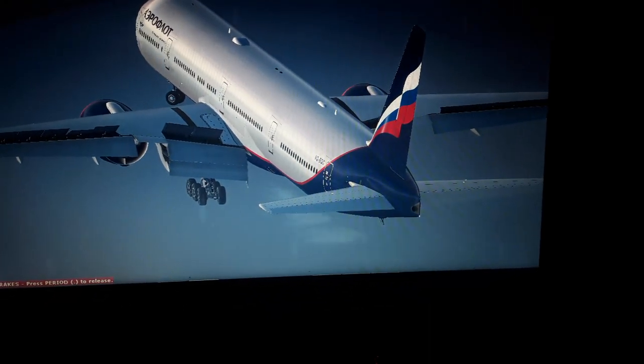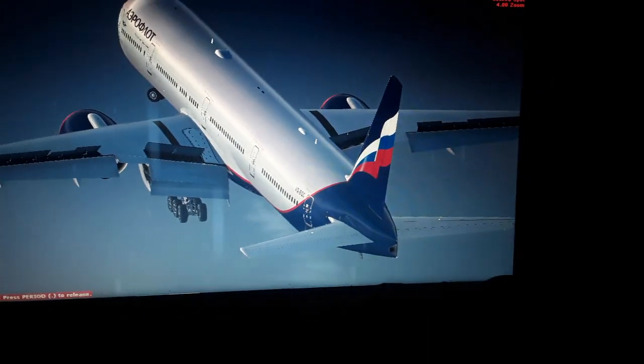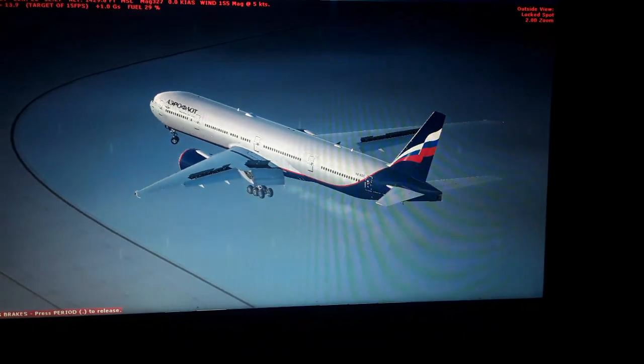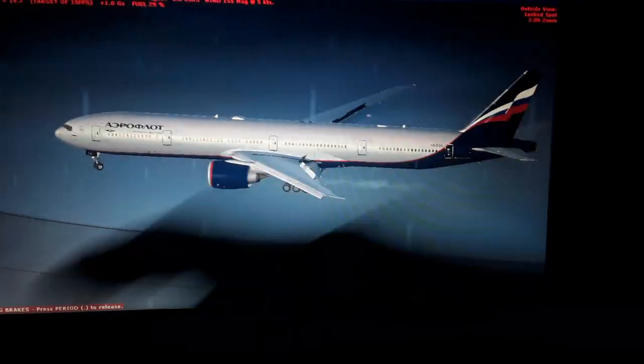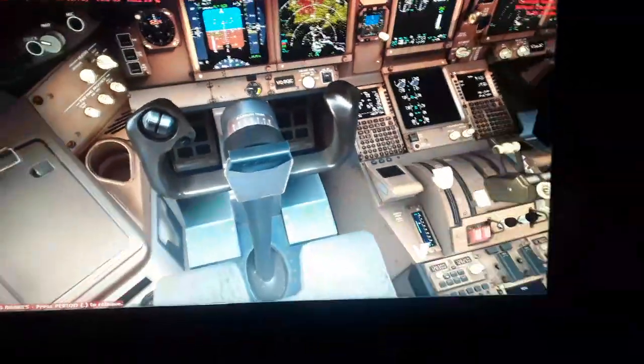This is the elevator moving up and down, but you will adjust the horizontal tail trim stabilizer. You have trim for other surfaces also, but we use mainly the horizontal tail trim for flying levels. So I will continue with the autopilot, auto flight director and auto throttle.